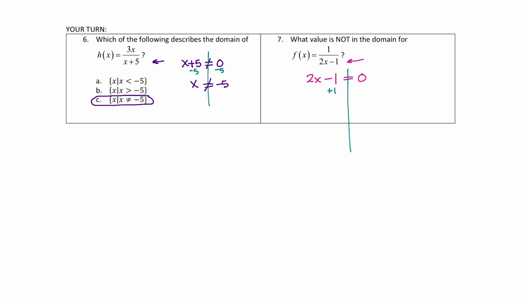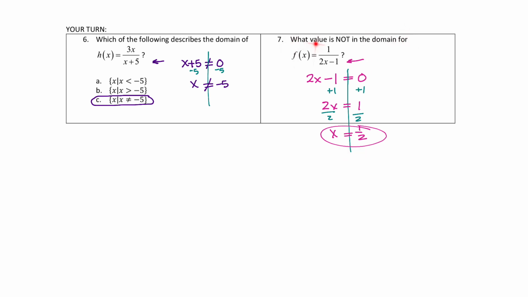So we're going to add 1 to both sides, and we get 2x equals 1. Divide both sides by 2, and we get x equals 1 half. So 1 half is the value that we cannot have in the domain.